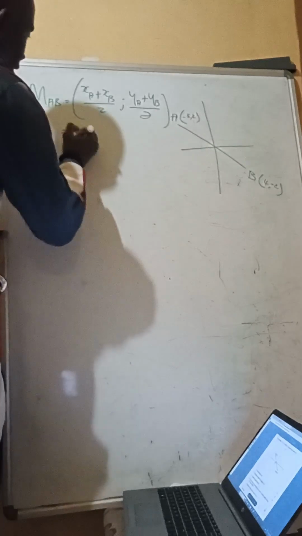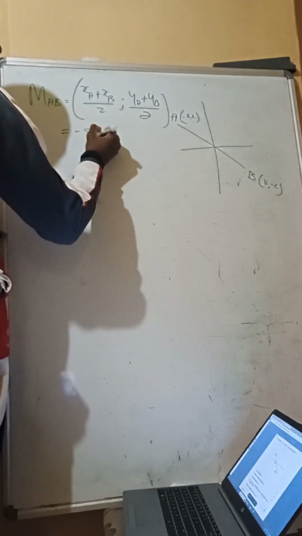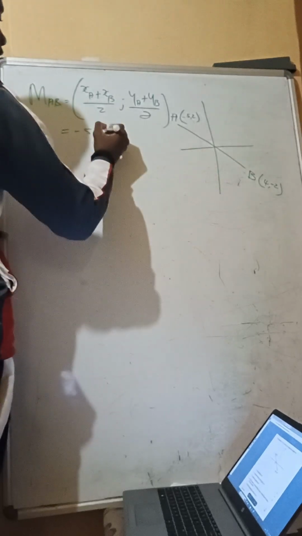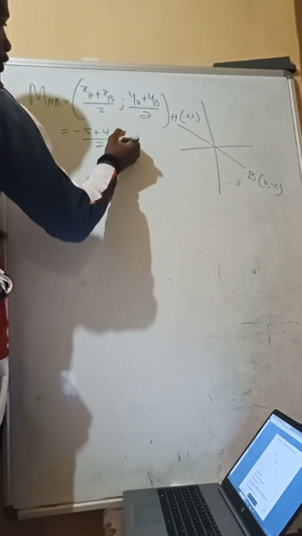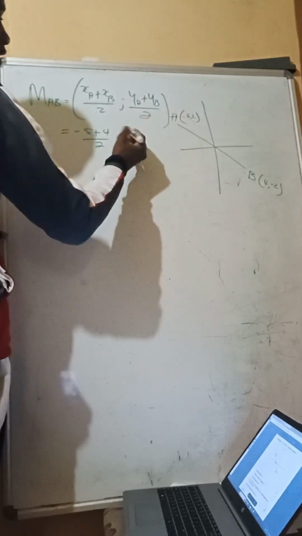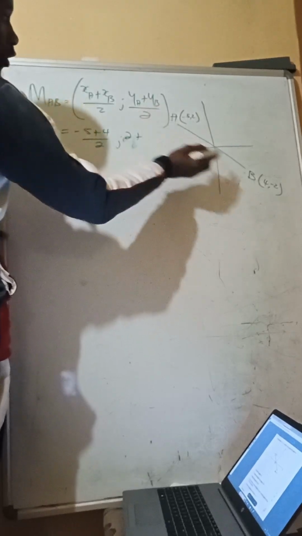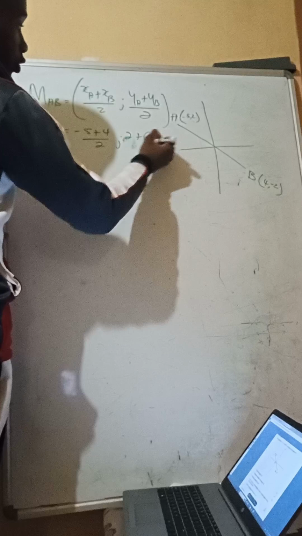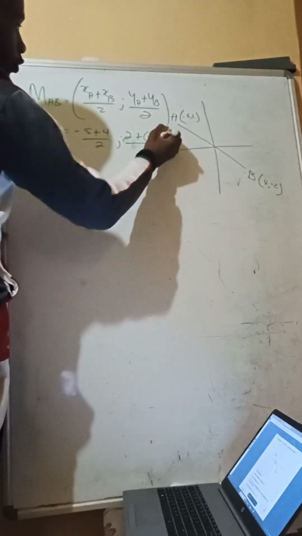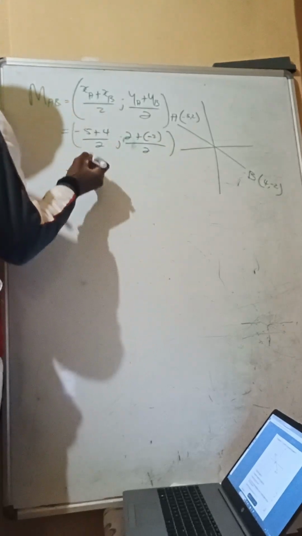Now we move forward. X of A is -5 plus x of B, it is 4 all over 2, comma y of A, it is 2 plus y of B, it is -2 all over 2. We are putting them inside the bracket.